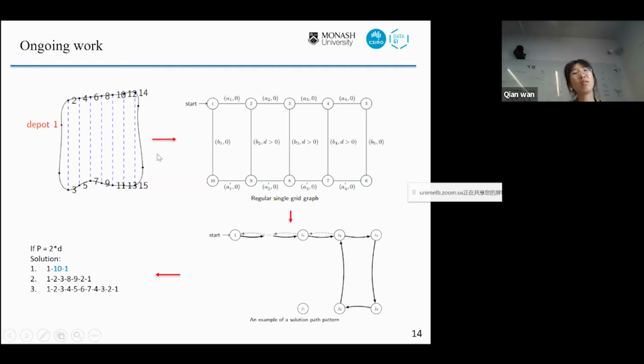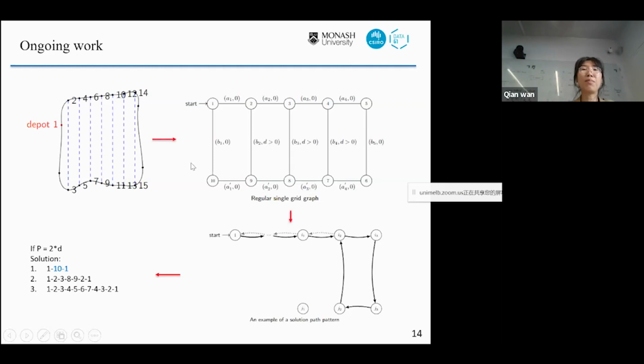Because for this irregular case, most of the arc routing problems are NP-hard, so we cannot solve it in polynomial time, but we can solve this regular single grid graph in polynomial time. And then after finding the solution pattern, it always sprays the adjacent demand edge over here, and then we can develop a path pattern for this kind of problem.